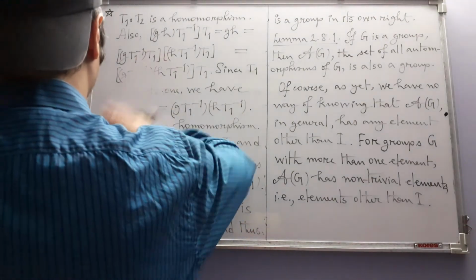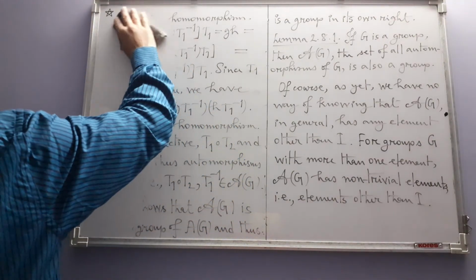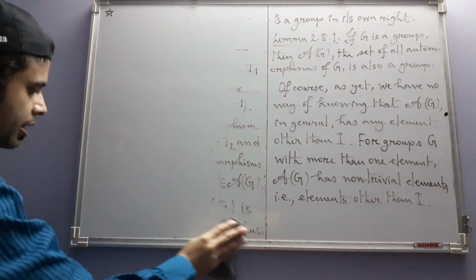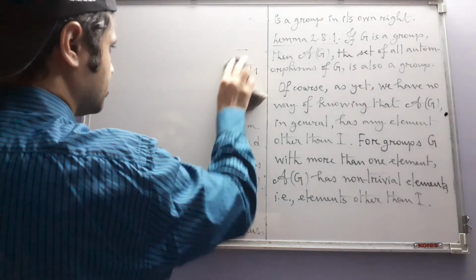Let us now look at the two types of groups separately, that is, abelian groups and non-abelian groups.